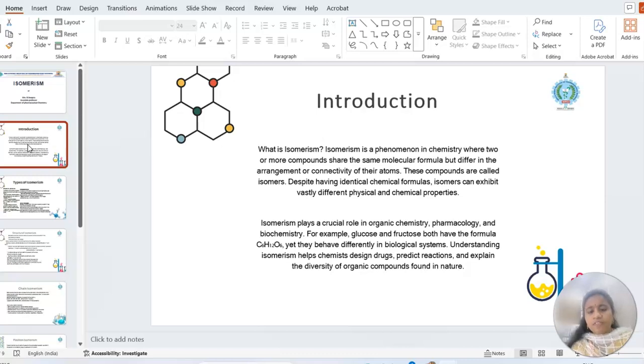For example, glucose and fructose both have the same molecular formula, C6H12O6, but they behave differently in the biological system. Glucose has a carbonyl functional group, and fructose has a keto functional group. That's why we are studying isomerism.